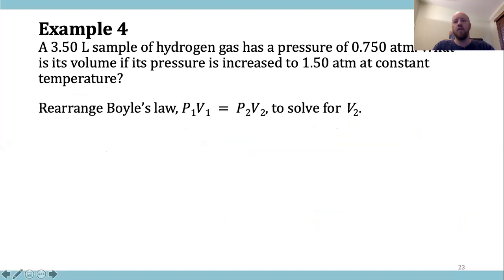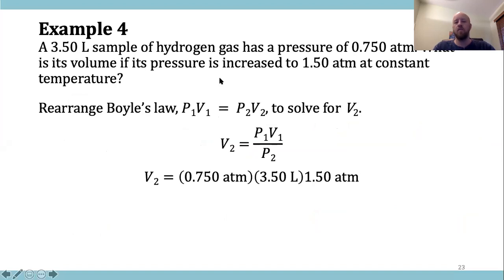Again, here's an example very similar to what you might expect to see. 3 liters of hydrogen at this pressure. What is the volume if the pressure is increased to this? We have 3 out of the 4 terms, so let's multiply and divide. Our pressure units are in the same unit, so we don't have to do any conversion in advance.